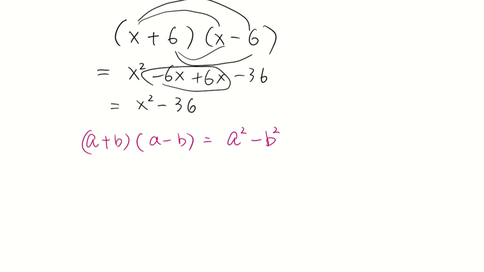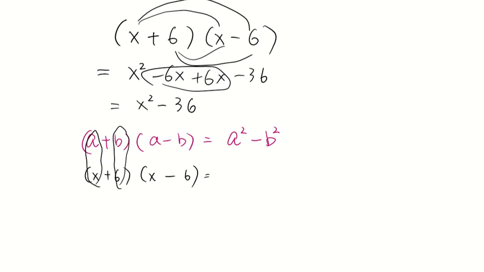Okay, so let's apply this formula to the same problem we have. So you have x plus 6 times x minus 6. It's pretty obvious that your x is the a in the formula and your 6 is the b in the formula.